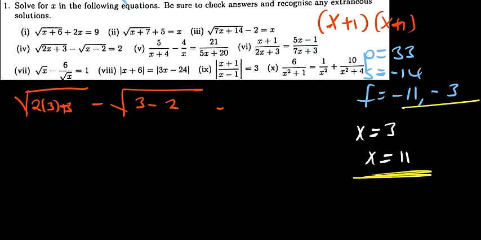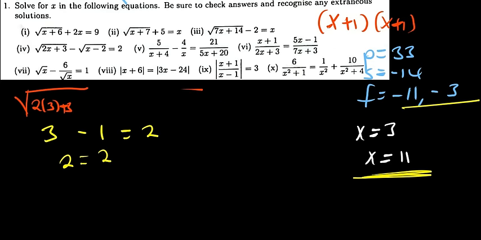Is it going to be equal to 2? Let's see. Inside here I'll have 6 plus 3, 9. The square root of 9 is 3. Minus, here I'm going to have 3 minus 2, which is 1. The square root of 1 is 1. 3 minus 1 is 2. Indeed, x is equal to 3 is the solution for this equation.